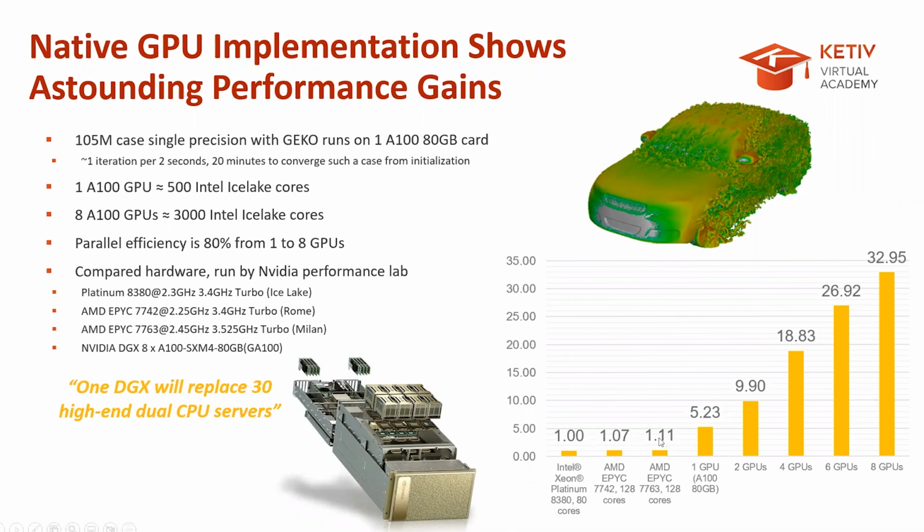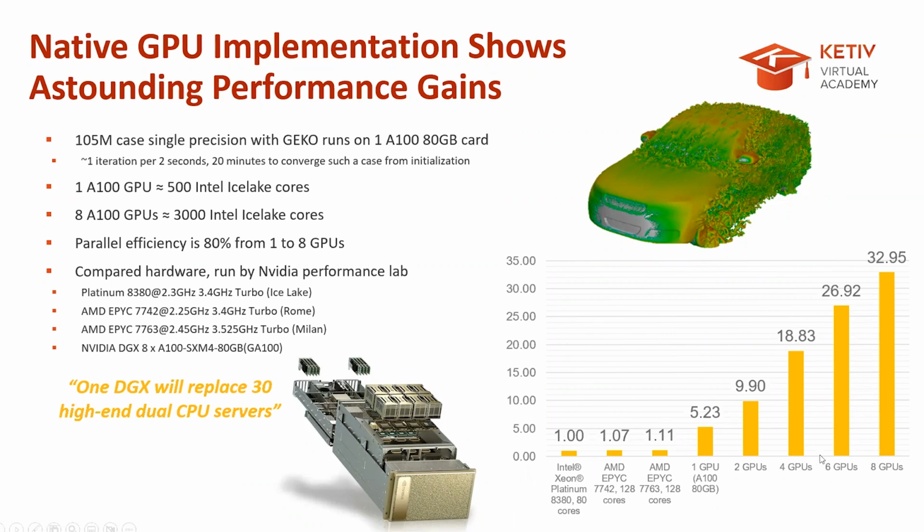And then we compare it to a few other generations of CPUs. And then we also compare it to the A100 GPU card, and then keep adding the GPUs to see what type of scalability we can get. So as you can see, if you look at the Intel Xeon Platinum CPU core as the basis, then you can get almost 5 times the speedup by using a single A100 GPU.